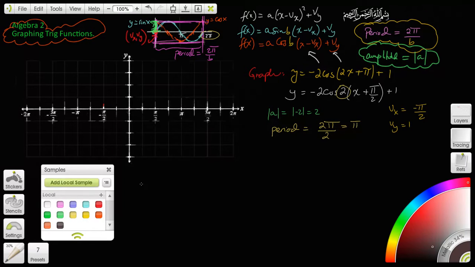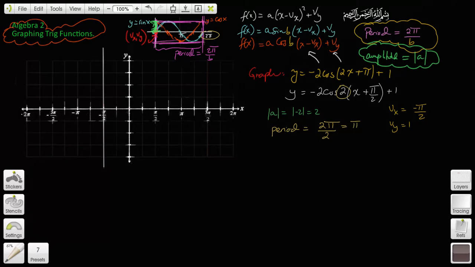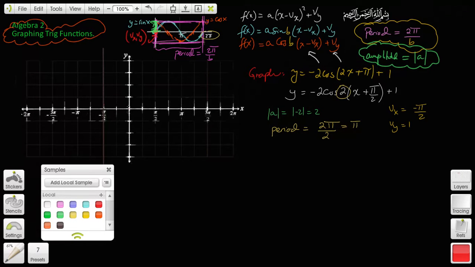So this graph is going to start here, and its period is going to be pi. I'm sorry, it's going to be moved pi over 2 right here. So instead of starting over here, the graph is going to start at pi over 2 there. Okay? So we got that.